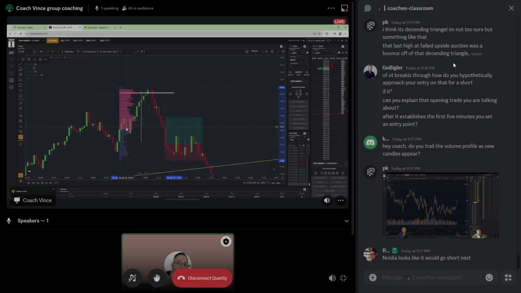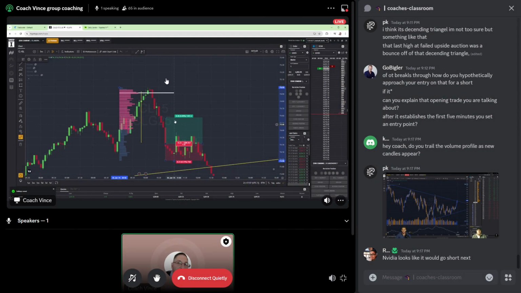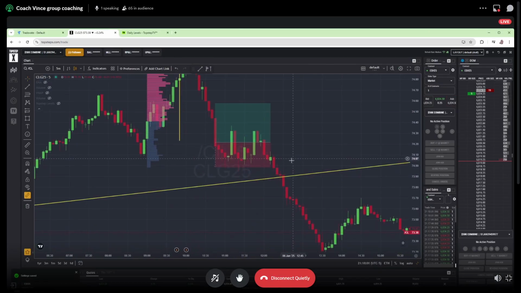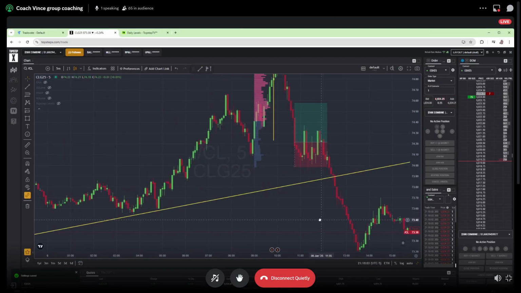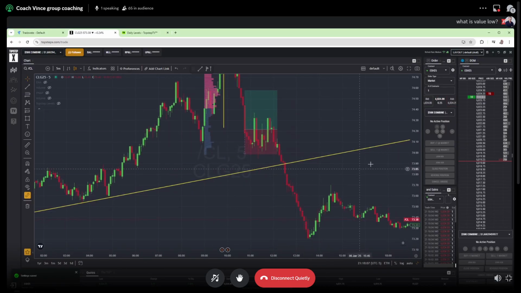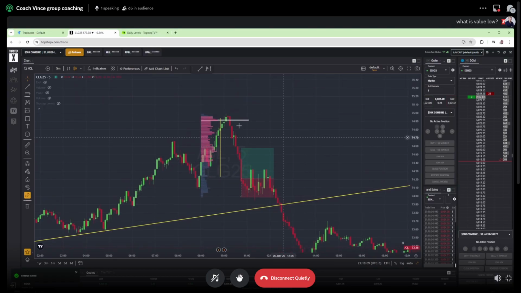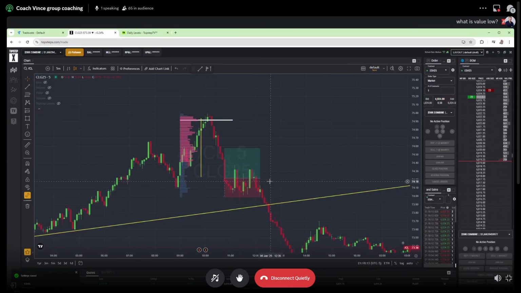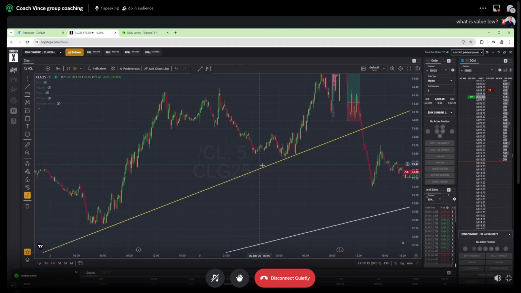It failed right up against value low. It could not accept back inside of value from earlier in the day, and then it sold off, and then it sold off some more, and then it sold off some more. So this pattern happened in the ES, the Nasdaq, and crude oil today. Same thing.